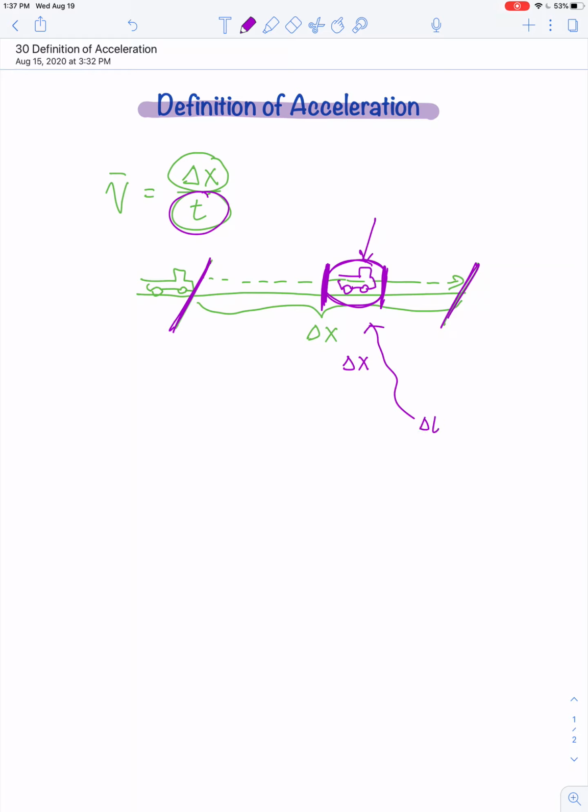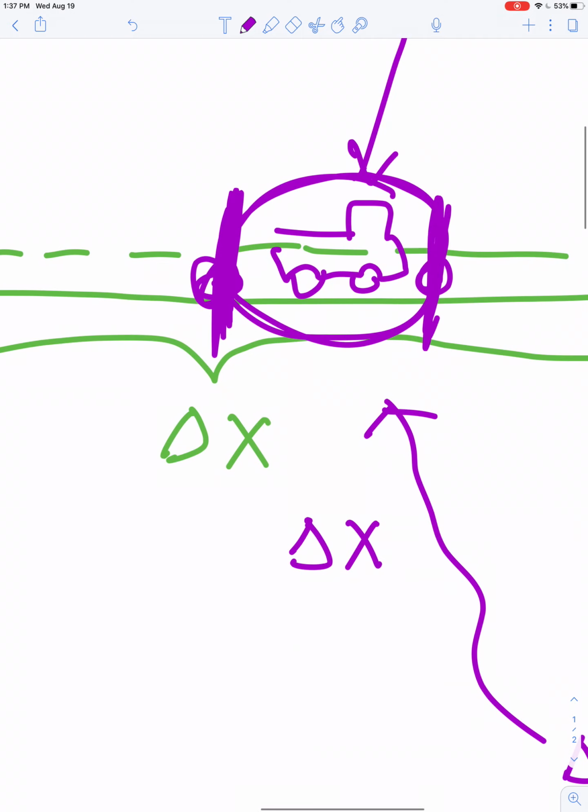So the little bit of time it took to go from this point to this point is getting closer and closer to zero.